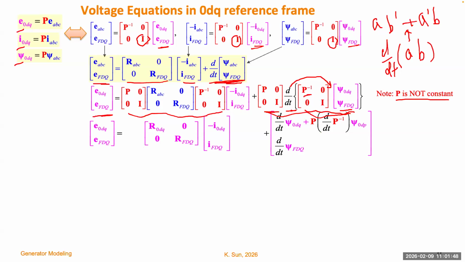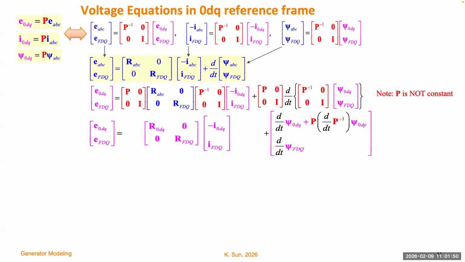The next step, we need to do this one. Okay, so we need to calculate the first order derivative of this one multiplied by that one. And first step, we apply the derivative to the second one, and there will be another P inverse outside, then multiplied by P due to this one.